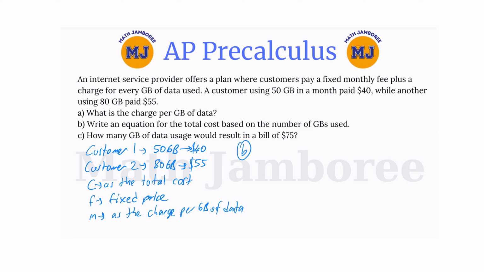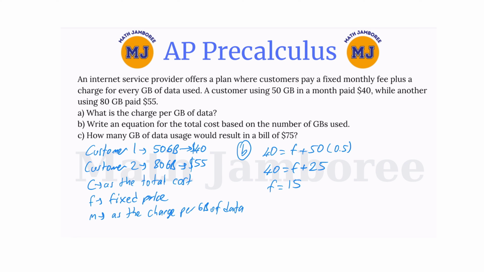Remember in the previous example we had 40 equals F plus 50M, and we just found that M, the charge per gig usage, was 0.5. If you do the calculations, this becomes 25, and so we can find the fixed price as $15.